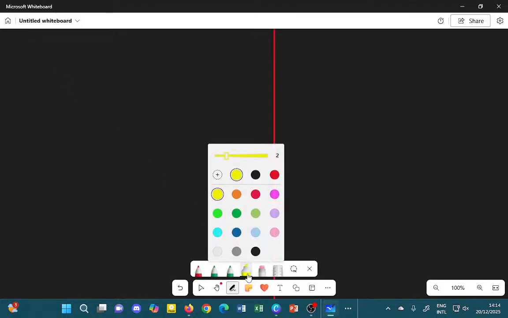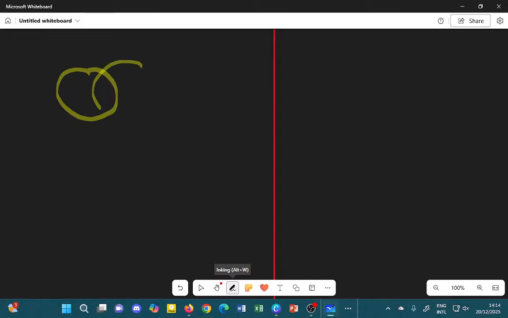So let me adjust what yellow has. Let it be 1. Oh, it's still big. Let's see if it will still communicate the message. And then there's a third circle, like that.